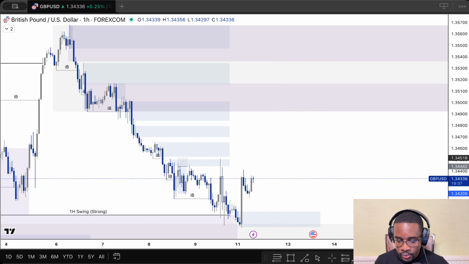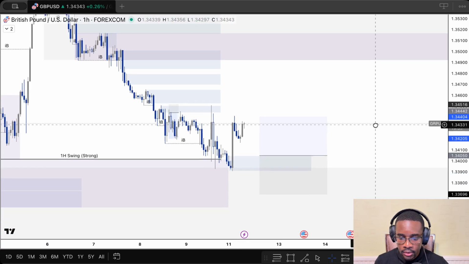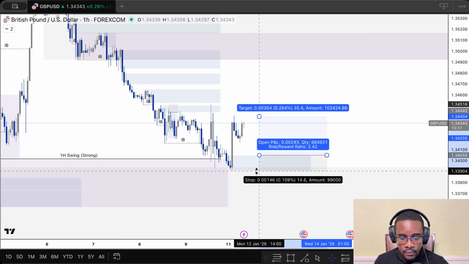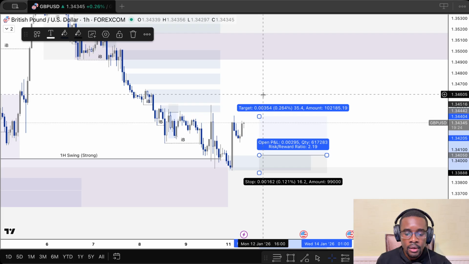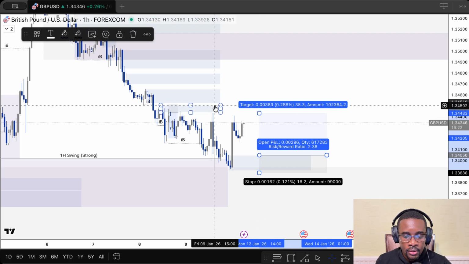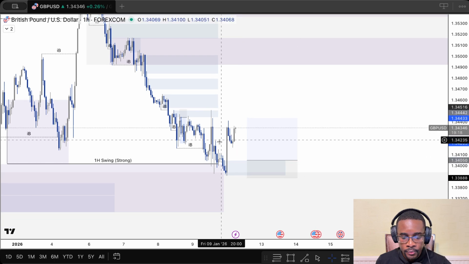So what that would look like is, if we look at that, there's what, 15, let's just say 16 pips, and then we're looking for 2R. That'll be a good 2R.